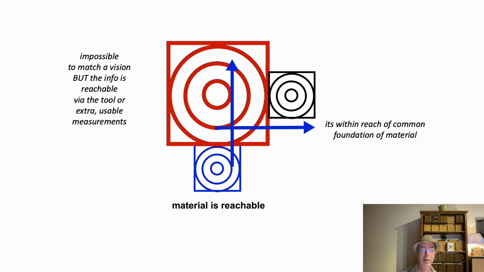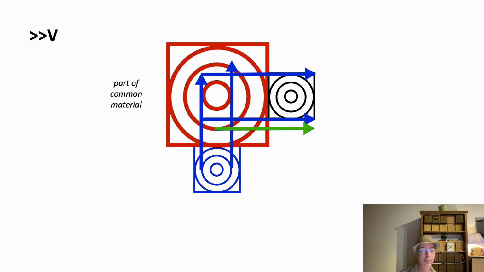So it means that there is something available or reachable as a tool, as usable measurements or objects or material that can also be used by something or someone else or somewhere else. That's the next letter. The material here is reachable, the center point vision not anymore. So this material is that way common material. It's my material and it's the other point of view or other direction or whatever it can present. It's a shared position of material that you can see there in the middle.